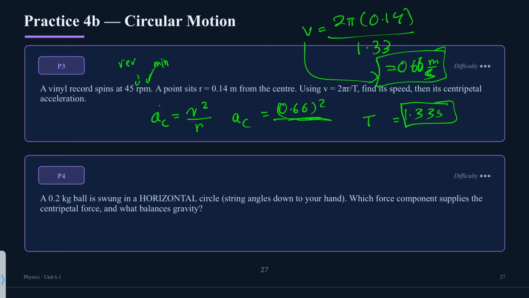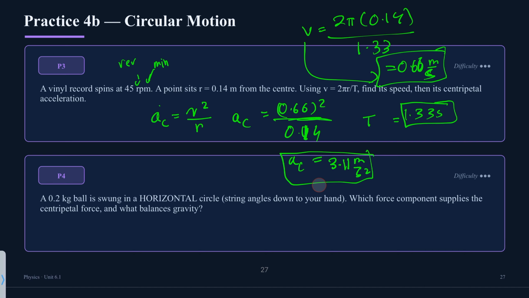We just figured that out, over our r of 0.14 meters. And this should give you about 3.11 meter per second squared. Okay, there you go. That's the other question.